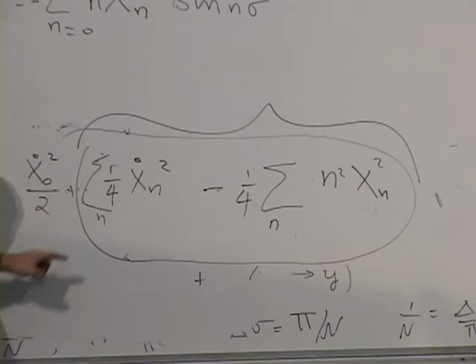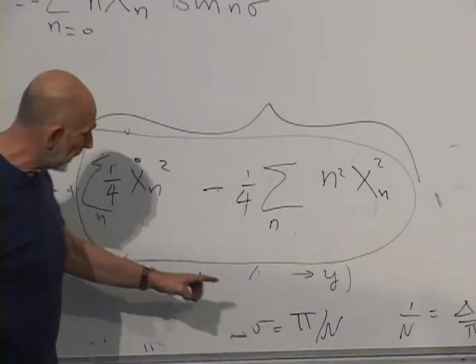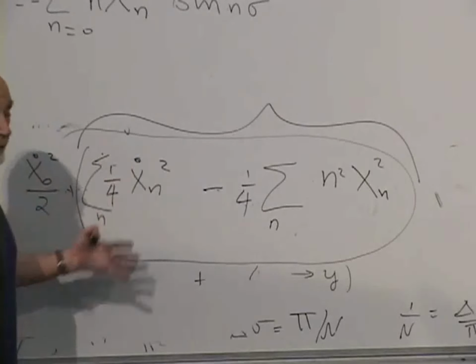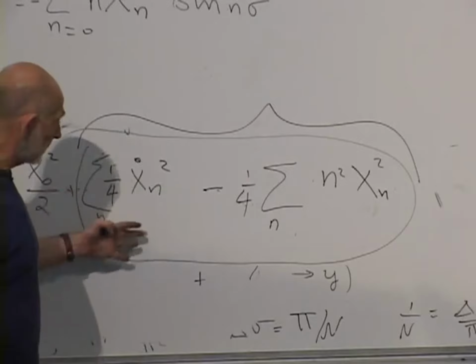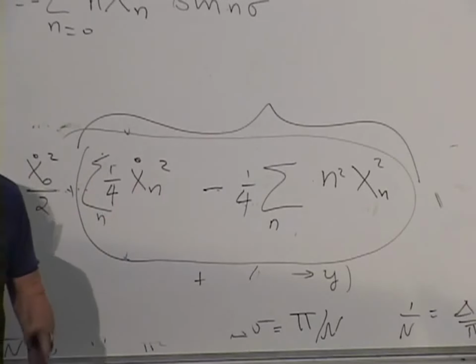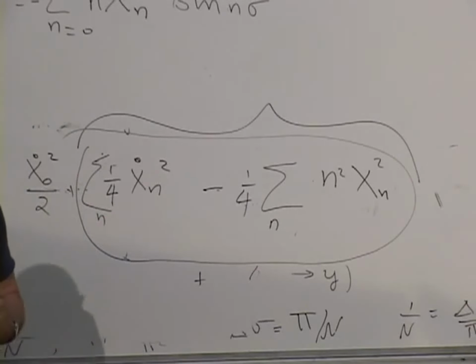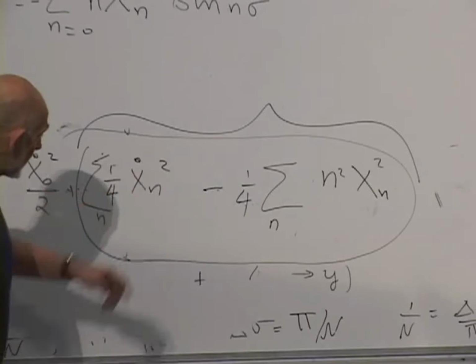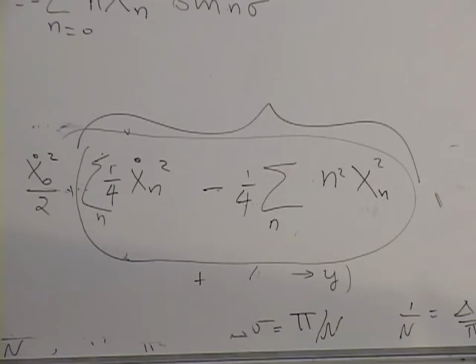And what do you find? First of all, they're not coupled to each other. The nth harmonic is not coupled to the mth harmonic. It's a collection of non-interacting harmonic oscillators.